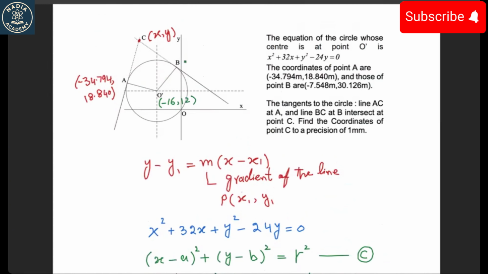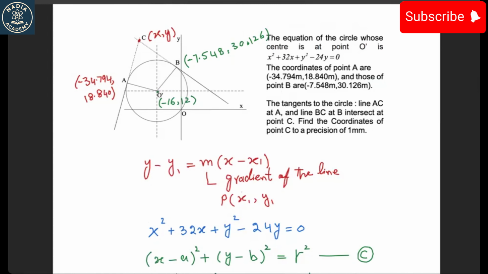And here from this picture, you can see that all the information which we really need to know is appearing, to find the gradient and then the equations of the tangents of this circle. So here you see these are the coordinates of the points.